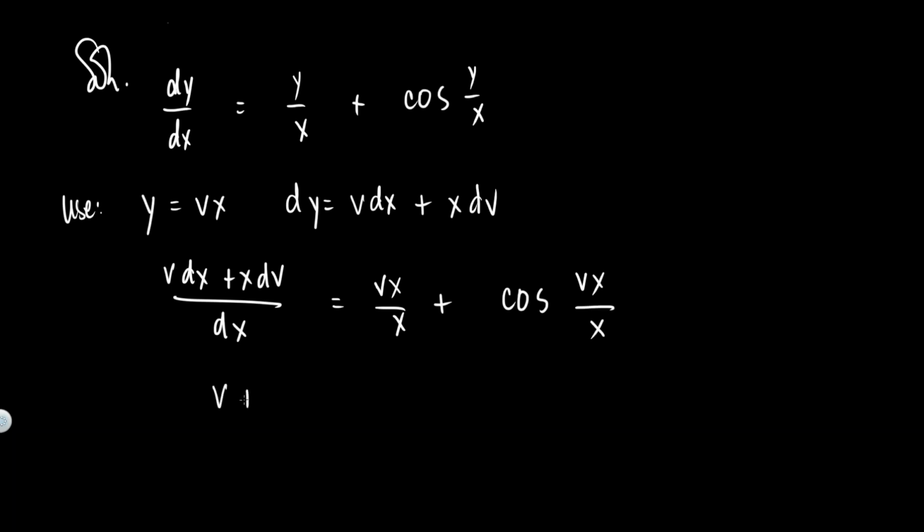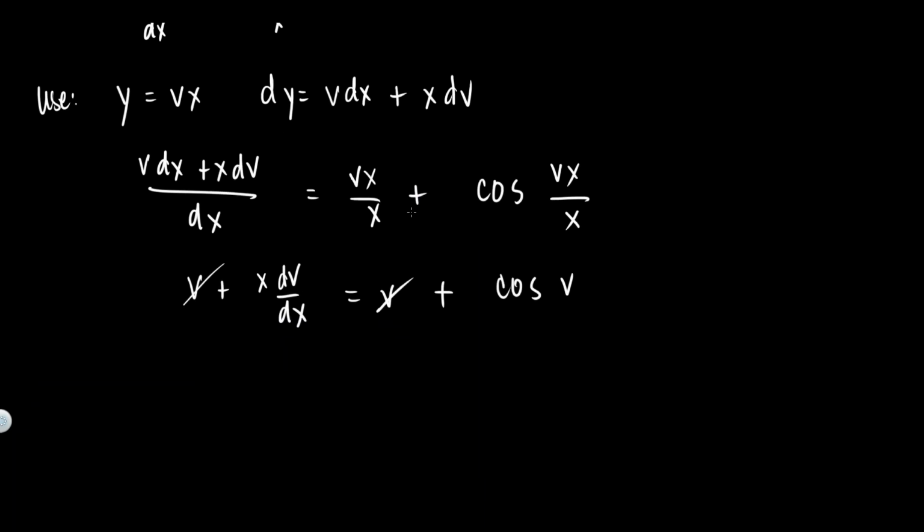So, v plus x dv over dx equals v plus cosine of v. Parang parehas lang ito yung kanina, no? Nagbago lang dito. So, cancel na rin ito. So, anong natira? So, x dv over dx equals cosine of v.